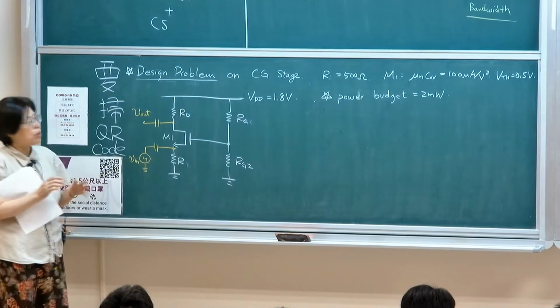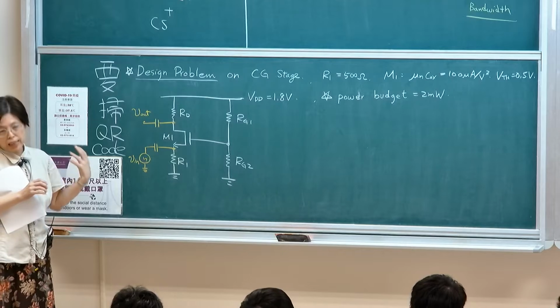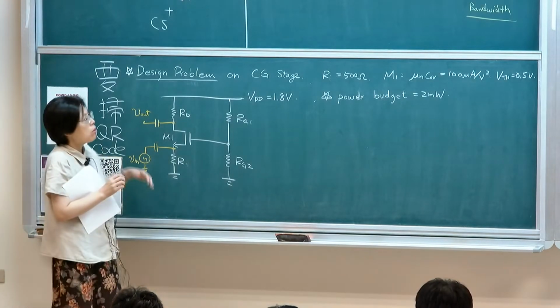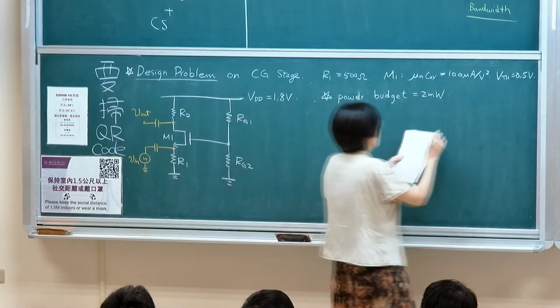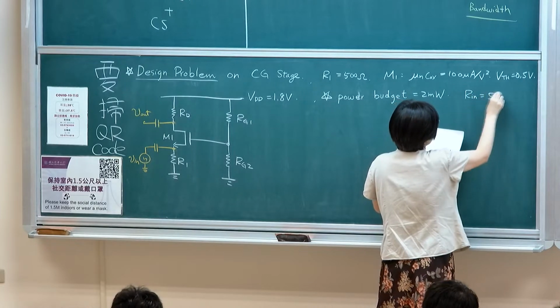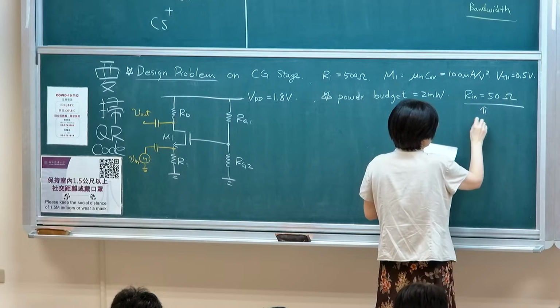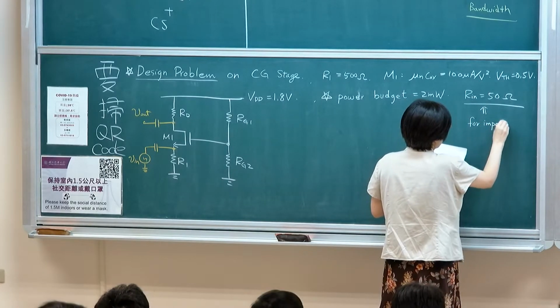As I said, the common gate stage is mostly used for taking in current signals or impedance matching. So let's say this is for impedance matching, meaning I'm setting my Rin to 50 ohm.